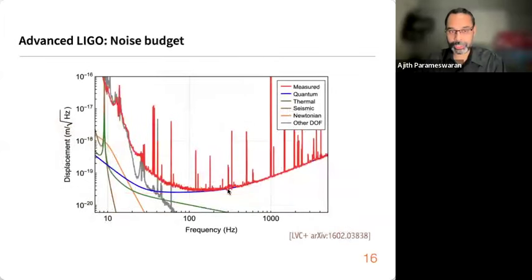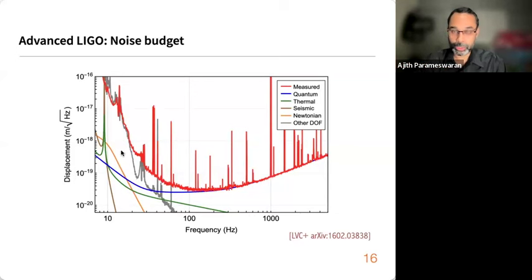So here is an image of the amplitude spectral density of the noise in the LIGO system. This is a Fourier transform of the noise that is averaged over several cycles, and it gives an estimate of the measurement uncertainty. This means that the measurement is the most accurate between about 10 hertz and about 1 kilohertz.